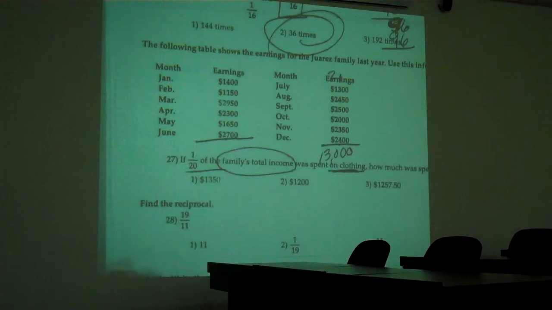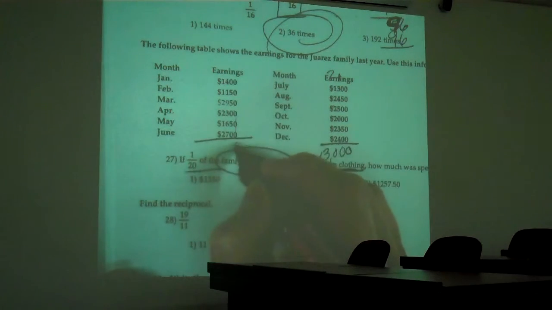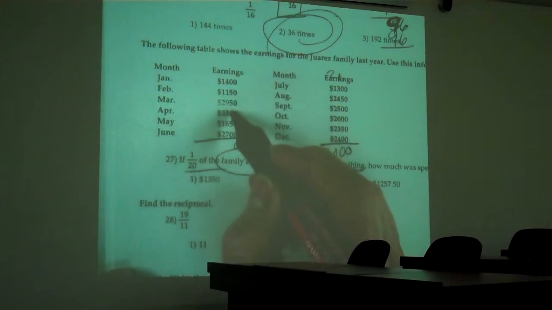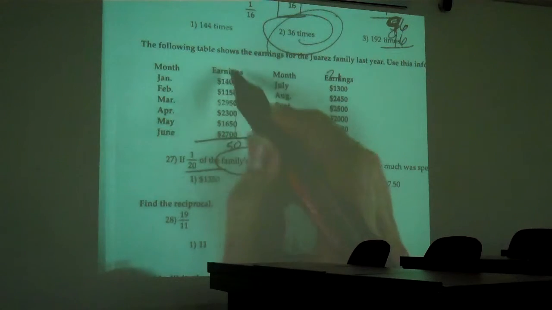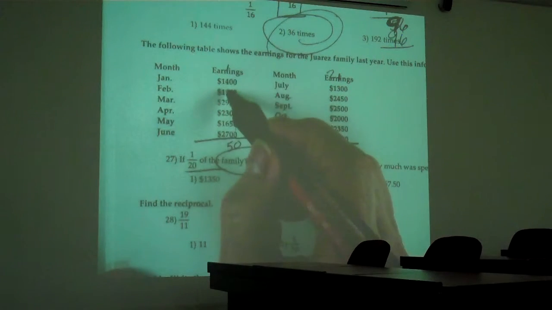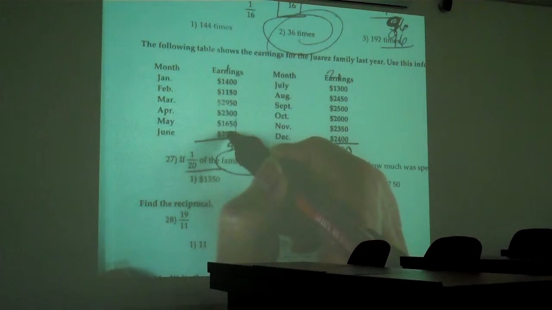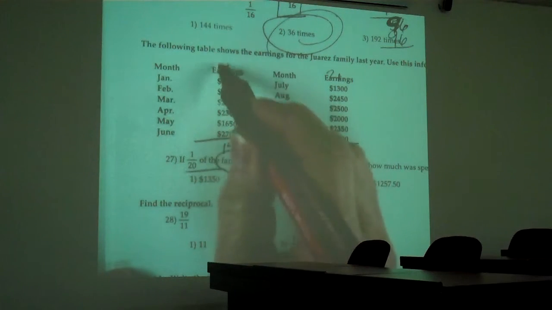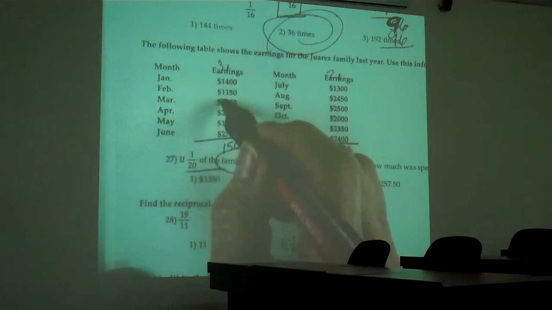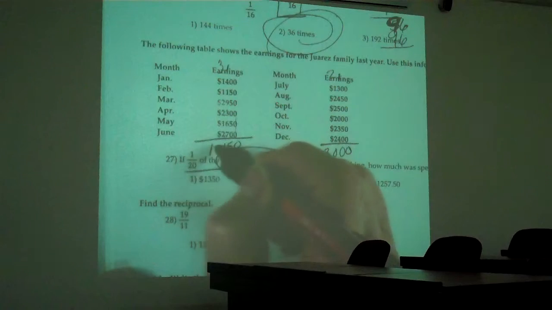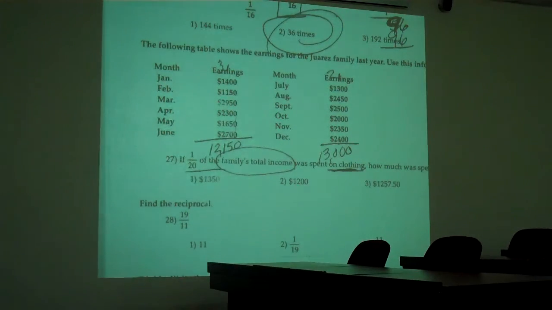Did I get the first column yet? 0, 5, 10, 15. Did you guys add it and get the same number?